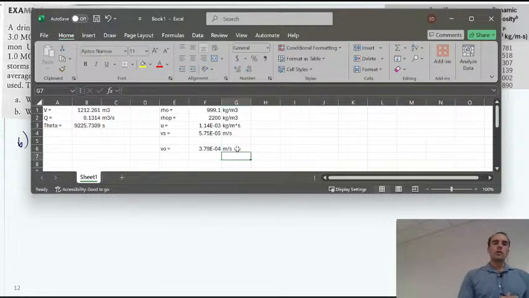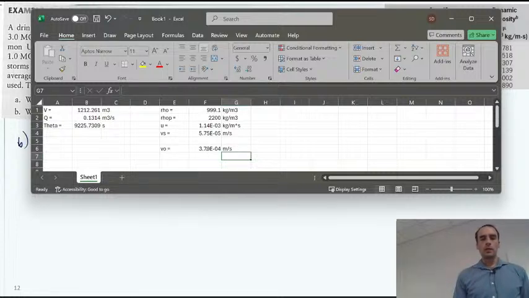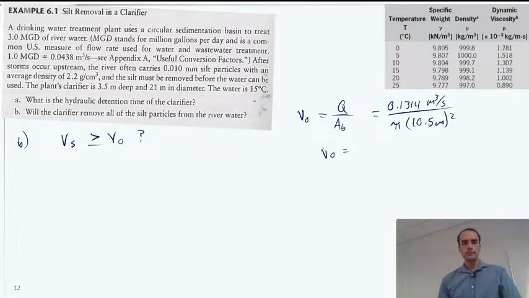And notice we're calculating that using a Q that is in meters and seconds, so that our answer here is in meters and seconds. And of course, our area also needs to be in meters units. That's all true, so we get an answer of 3.79 times 10 to the minus 4 meters per second.